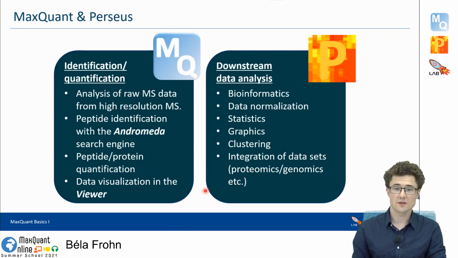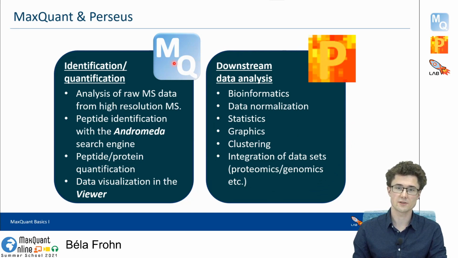MaxQuant does not come alone, but comes together with its sibling software Perseus. MaxQuant is mostly there for the analysis of the raw MS data, and in the end you get some kind of output table which you can then put into Perseus, and there you can do all the interesting bioinformatic analysis and statistics and whatever you want to do.